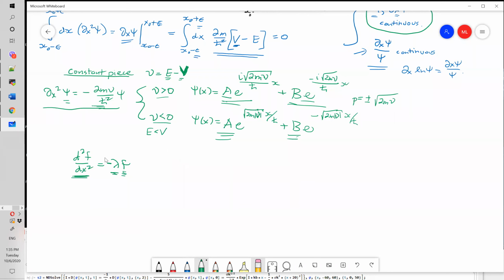Not really. It's just that they represent different physical situations, where here it's positive kinetic energy, and here it's negative kinetic energy in a sense. And these are non-classical solutions in some sense. They represent tunneling.